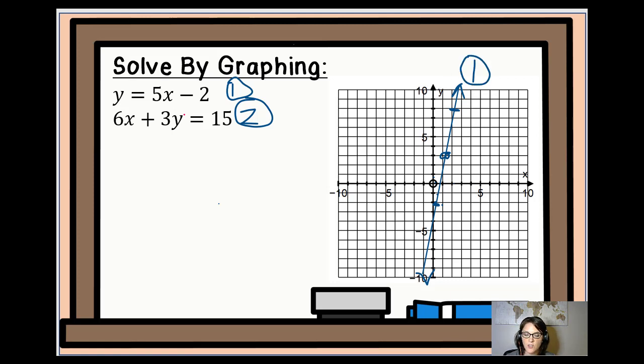Okay, the second equation we need to rearrange. So I'm going to subtract 6x from both sides. Okay, next we need to divide all terms by 3.